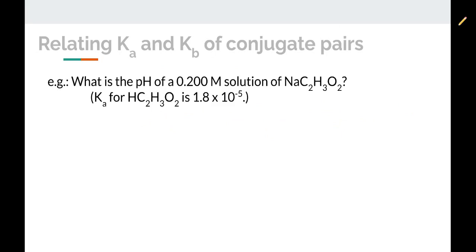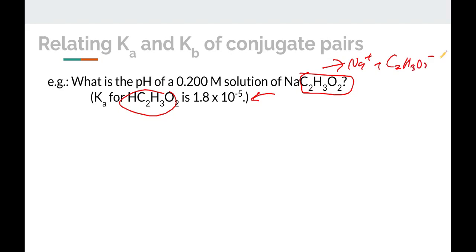One more example problem. What if we wanted to know the pH of a 0.2 molar solution of sodium acetate? We are given the Ka for acetic acid. Notice that acetic acid is the conjugate acid of the anion in sodium acetate. So what's going to happen is when this dissolves, it's going to produce sodium ions, which don't have any effect on anything, but it's also going to produce C2H3O2 minus, which is a base.